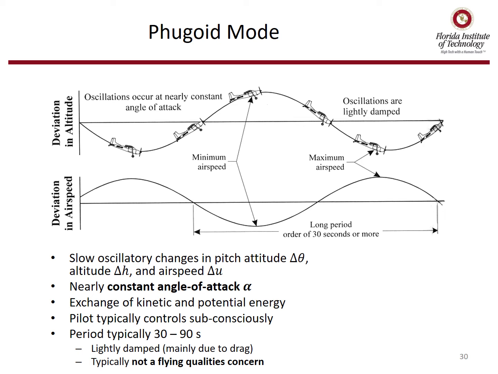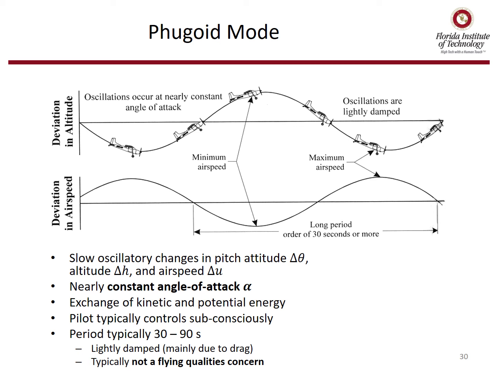Now we'll go into each mode in just a little bit more detail. This is the phugoid mode, and we see altitude versus time on the top plot and airspeed versus time on the bottom plot. Angle of attack is nearly constant, and we see a trade-off between airspeed and altitude. As altitude goes up, airspeed goes down.